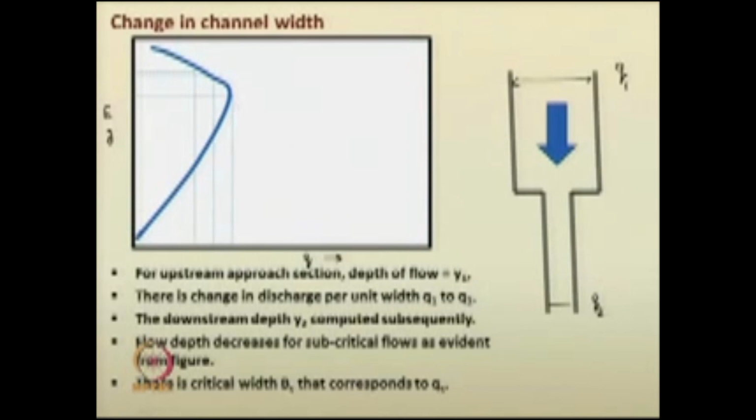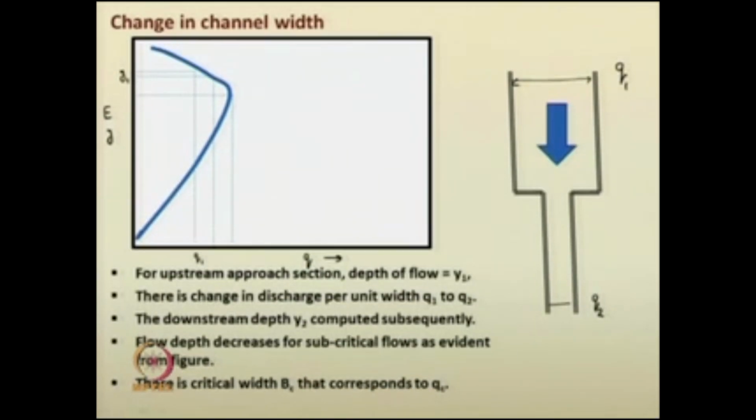From this curve you will see specific discharge q versus depth of flow. Now, for this discharge per unit width q1 at the upstream section, let us assume this is q1 and the corresponding depth of flow is y1. You can easily infer this from this particular diagram.